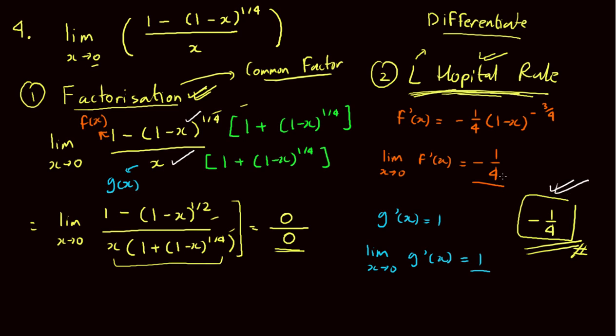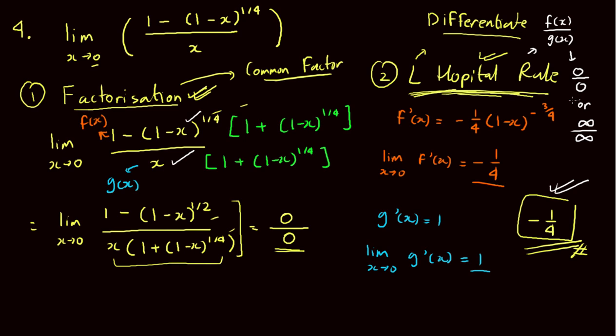But there's also a limitation to L'Hopital rule. For L'Hopital rule, the function must be in the form of f(x) over g(x). And when you do the limits for it, normally it should give you the output as 0 over 0 or infinity over infinity.